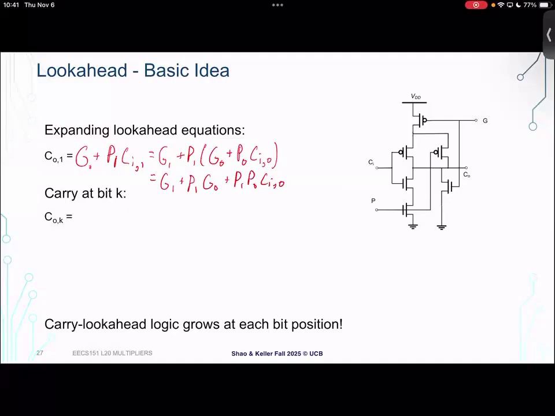We have this hierarchical progression where we calculate the first term based on carry in bit 0, and then use that to calculate the second term based on carry in bit 1, and so forth. And so in general, for the kth bit, if we generalize this, it's going to look like the generate of k plus the propagate of k times the generate of k minus 1 plus propagate of k minus 1 times the carry in of k minus 1.